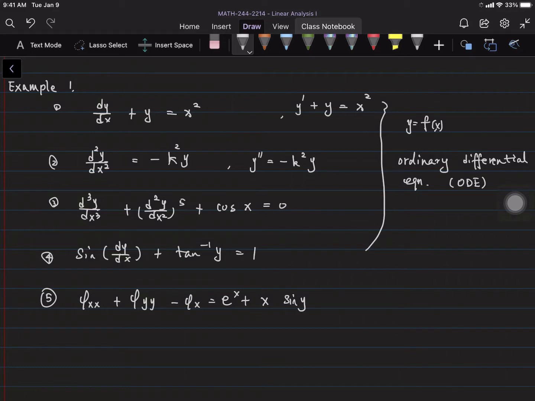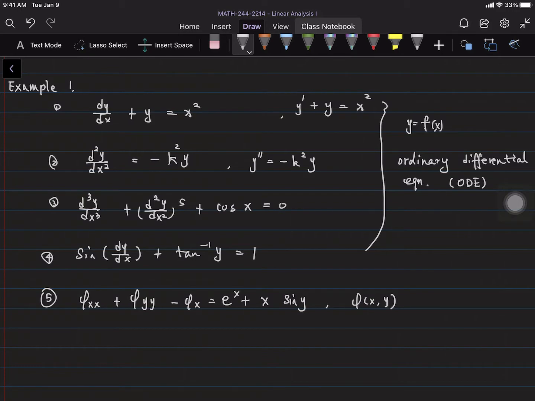And then for the last one, we can see this phi is a function that has two variables, like x, y. So you can see that's a partial derivative, right? You just finished calculus 4. So phi xx means the second order partial derivative with respect to x.